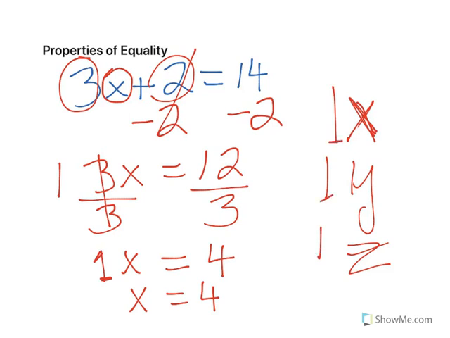Okay, you don't have to write the 1 in front of a coefficient. You can, mathematically it's correct, but you don't have to. You can just leave it as a plain letter. But always remember that a variable with nothing in front of it implies that that coefficient, the multiplier, is 1.